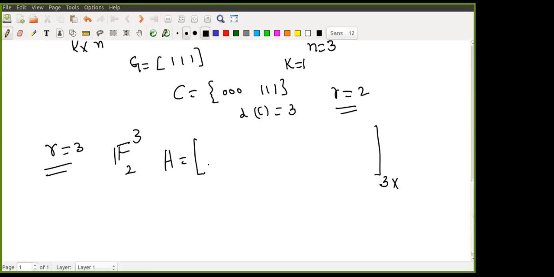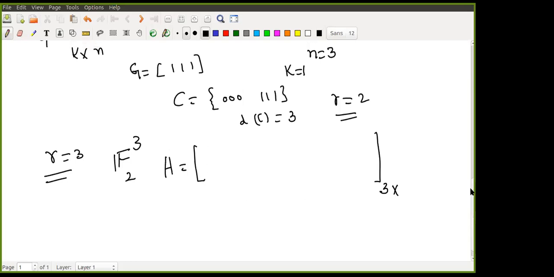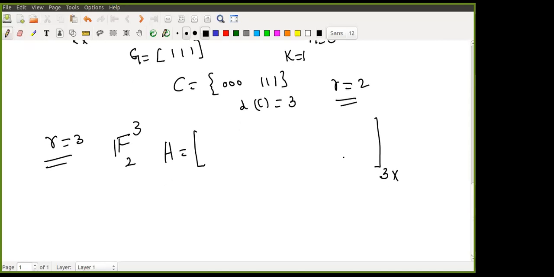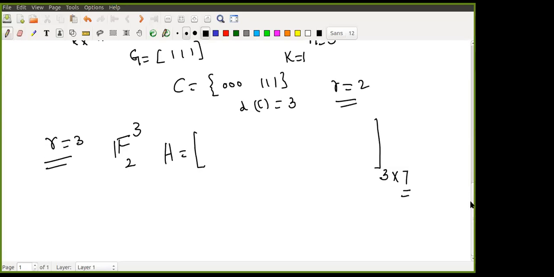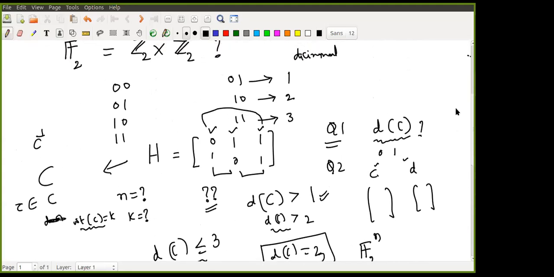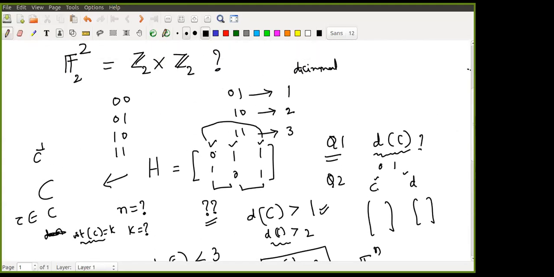Sorry, 3 comma 7. Why did 7 come? How did you come to know? Non-zero. There are 3 rows here, and I am not putting only 0 0 0.